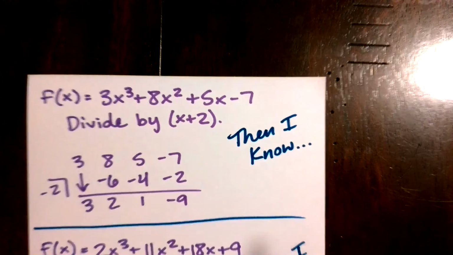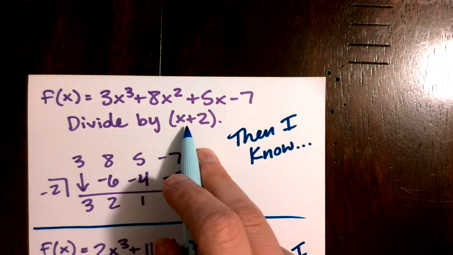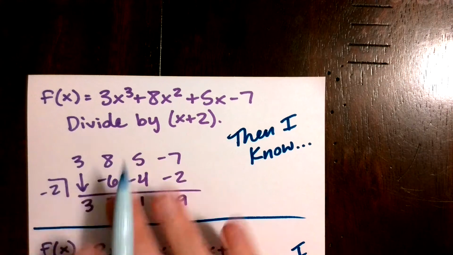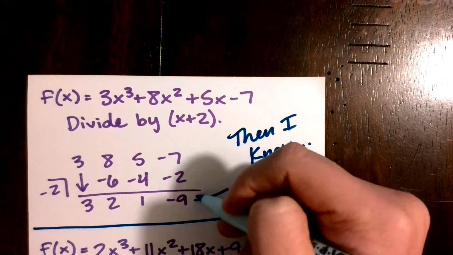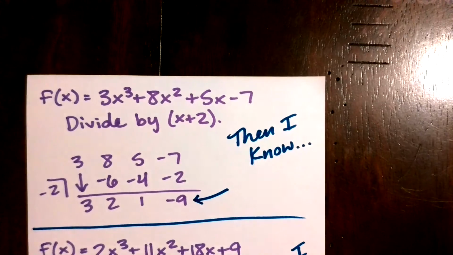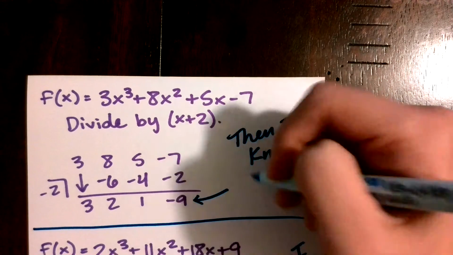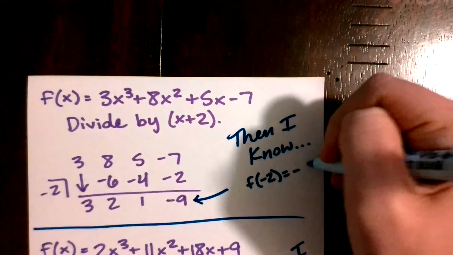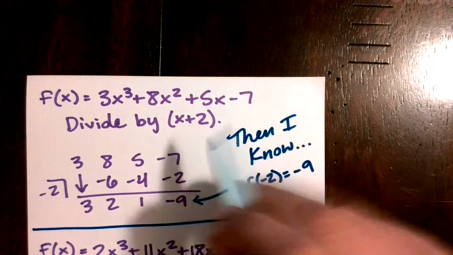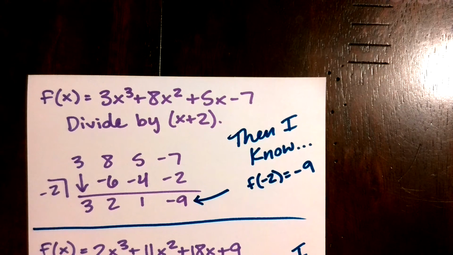Just thinking through with that remainder theorem and factor theorem, if I divided by x plus 2, and I end up with a remainder of -9, what the remainder theorem says is that I would know that f of -2, so it's the opposite sign, equals -9. So that would be the same as if I plugged in -2 and got out -9.